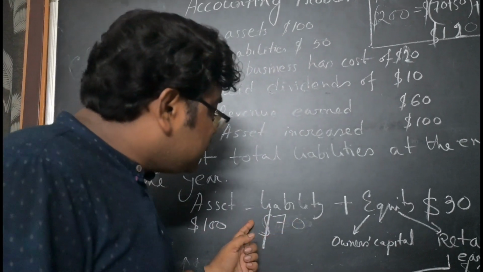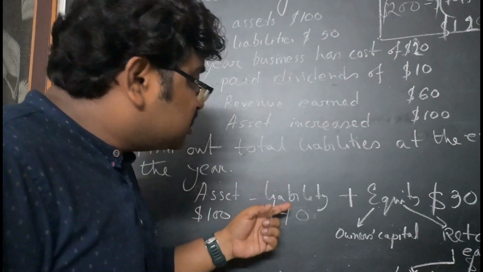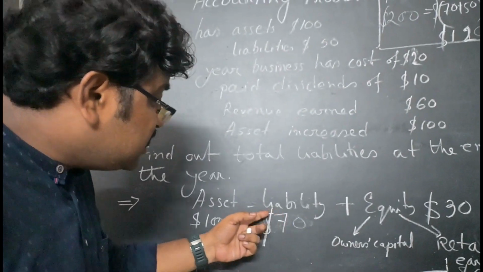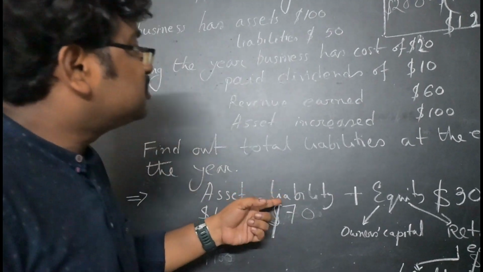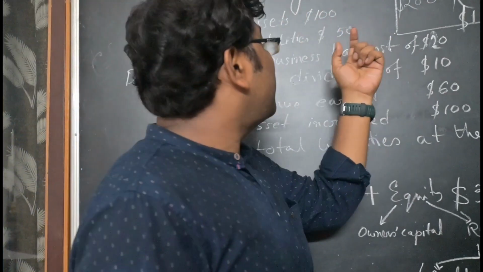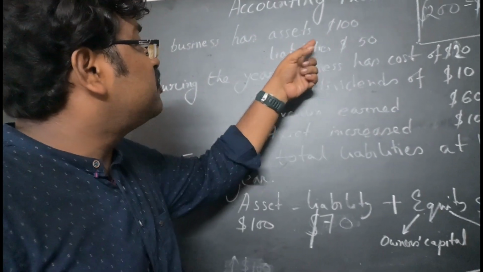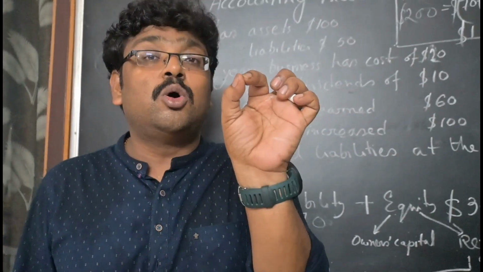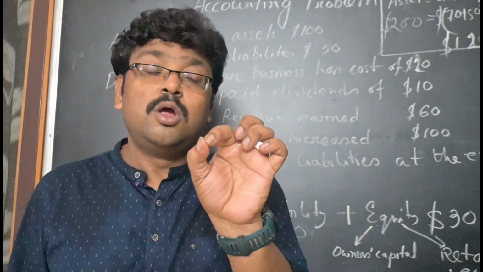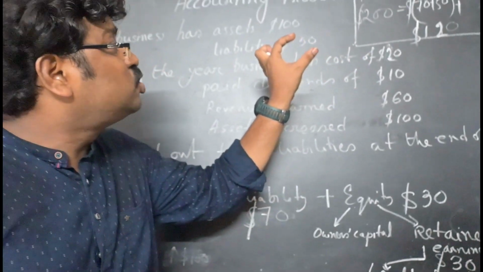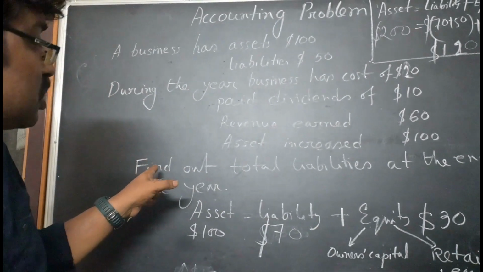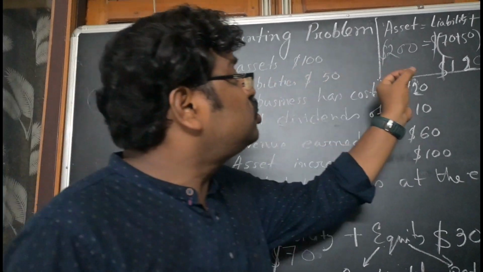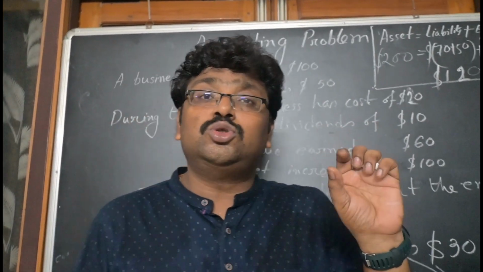So 70 liability has increased. Adding this to the previous liability in the beginning, $50, it is $120. So this is the total liability. The question was to find out total liabilities at the end of the year, so total liability is $120.